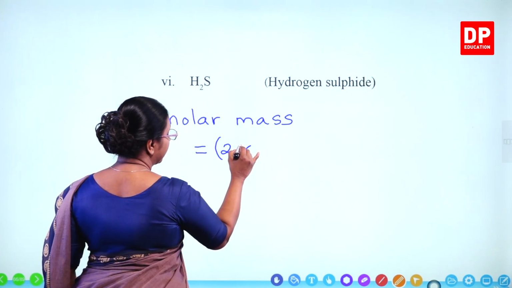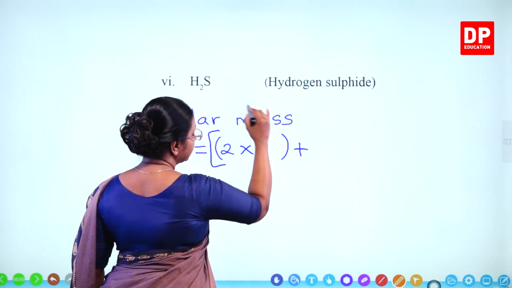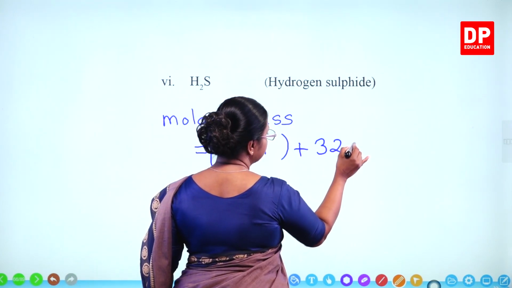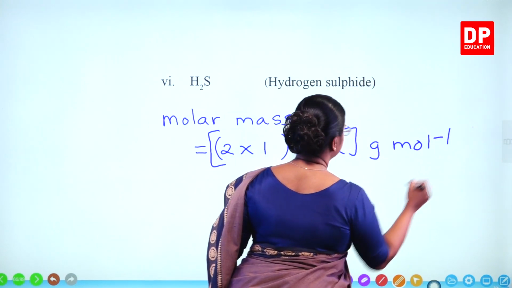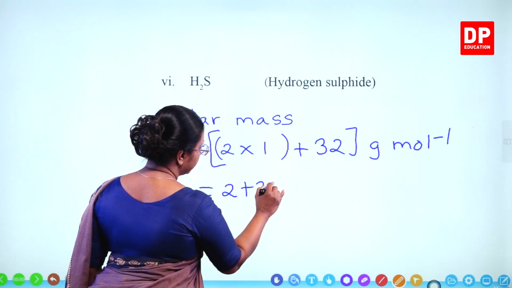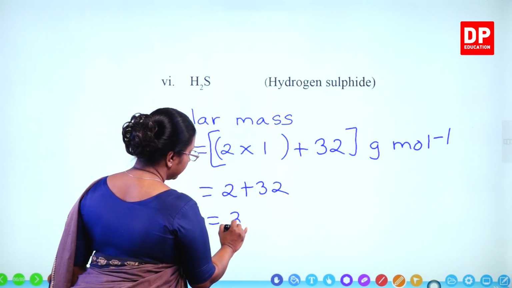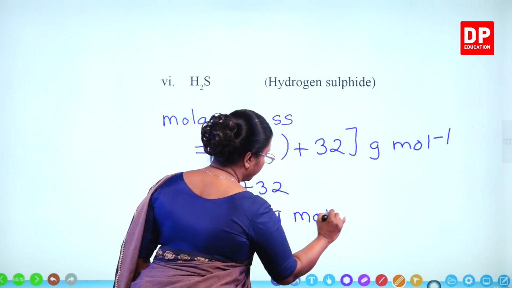That has to be multiplied by RAM 1. And plus there is sulfur, that is 32. That will be grams per mole. So here 2 plus 32, that is 34 grams per mole.